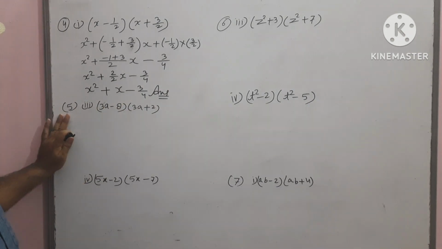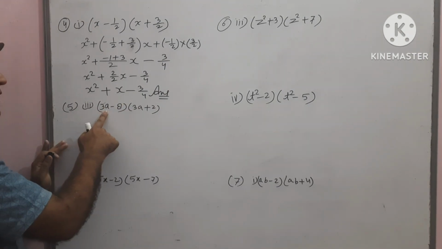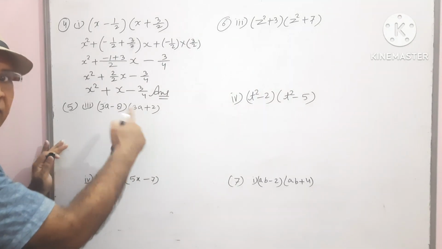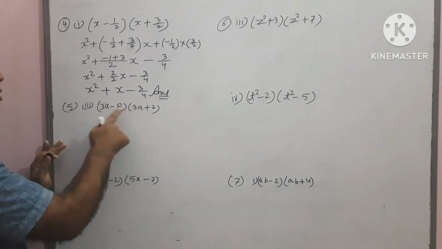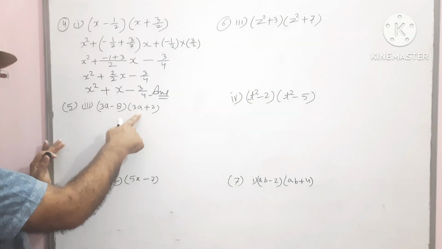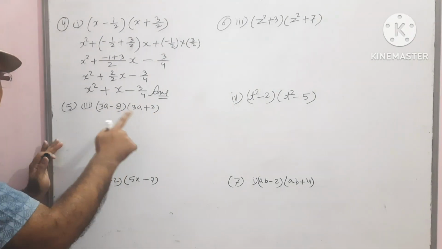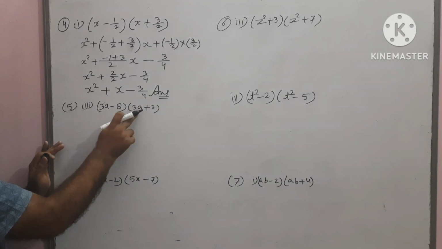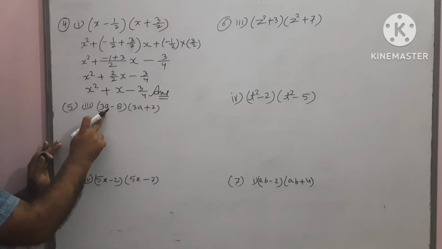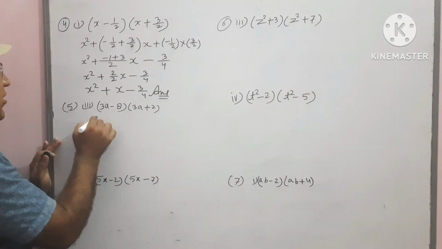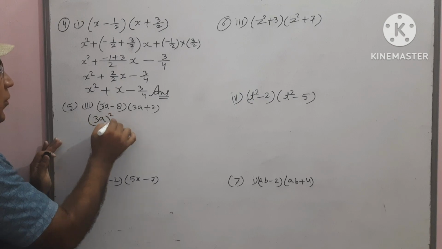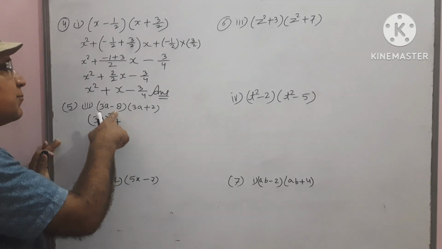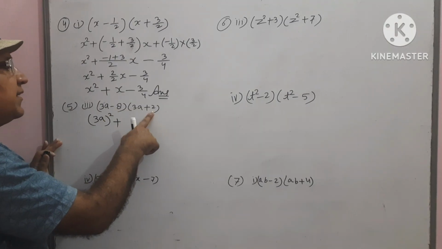Okay, now question number 5, part 3. 3a minus 8 is multiplied with 3a plus 2. See once again, first term of the brackets are same and second terms are different. So again we will apply the same identity, x plus a into x plus b. At the place of x there is 3a. So we will write here 3a whole square plus a plus b. At the place of a there is minus 8. At the place of b there is 2.